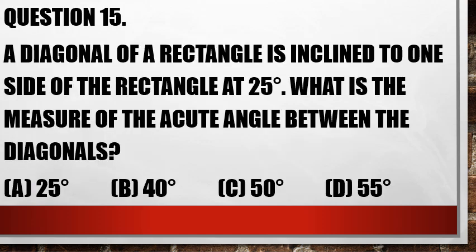A diagonal of a rectangle is inclined to one side of the rectangle at 25 degrees. Let us draw a rectangle. Let this be a rectangle. The question says that one diagonal is inclined to a side of the rectangle at an angle of 25 degrees.